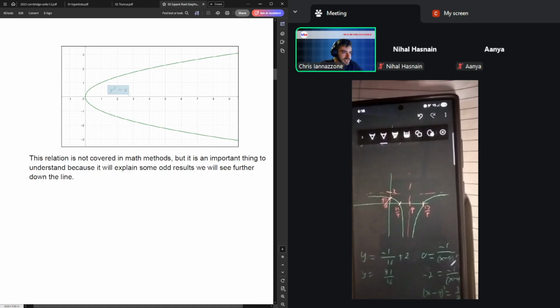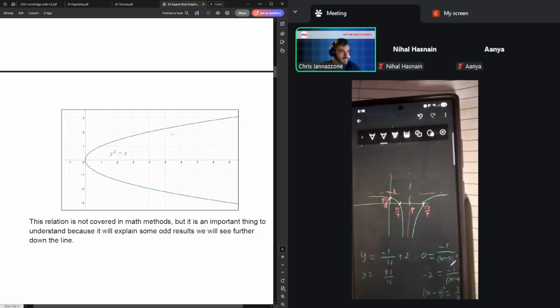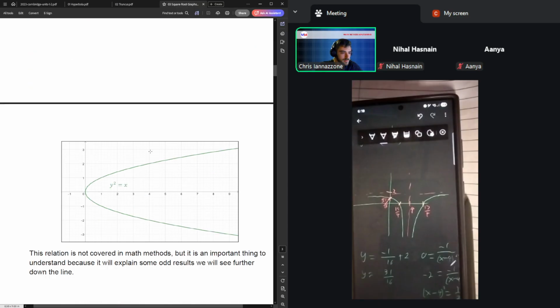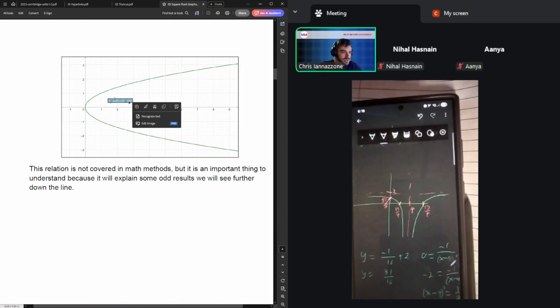This is the graph of y squared equals x. It is a parabola on its side, basically. Kind of like how y equals x squared goes up, y squared equals x goes right in this case. All the y values are getting squared and the x's are maintaining the same. So, how does that give this? Well, when you square root both sides of this equation, you would now get plus minus square root of x.